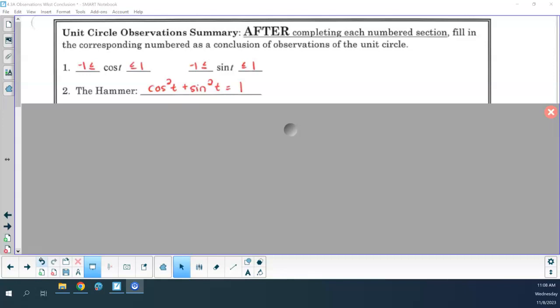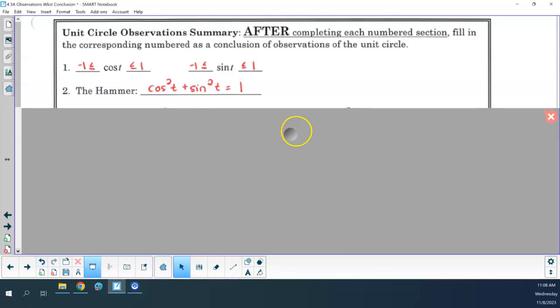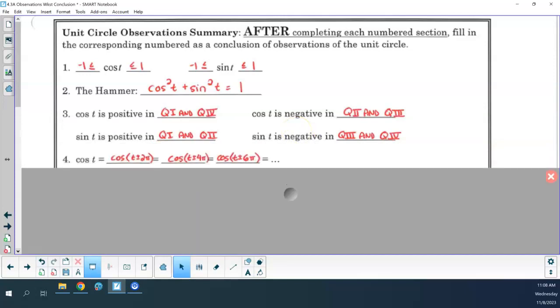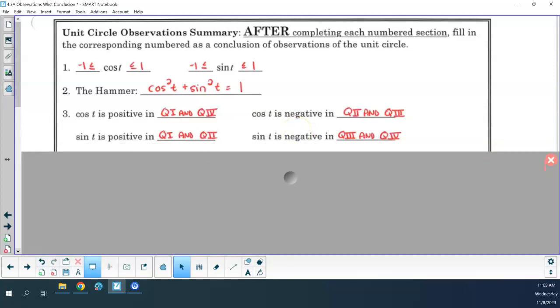Sine is positive on the top half of the unit circle, which would be quadrant number 1 and quadrant number 2. And tangent's the goofy one. Tangent's positive on the main diagonal of the unit circle, which would be quadrant number 1 and quadrant number 3. Okay? And then the negatives are in the other ones. Okay?